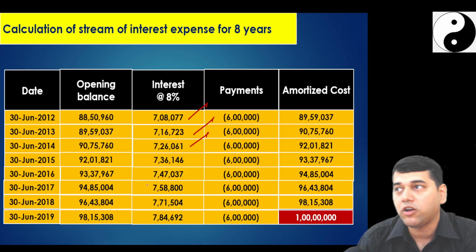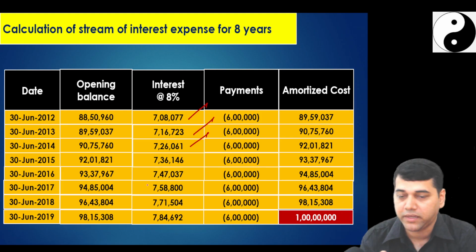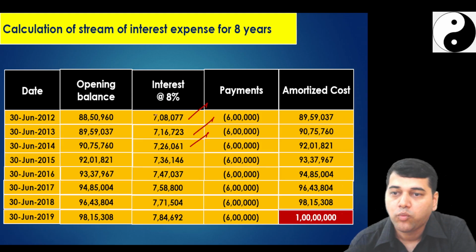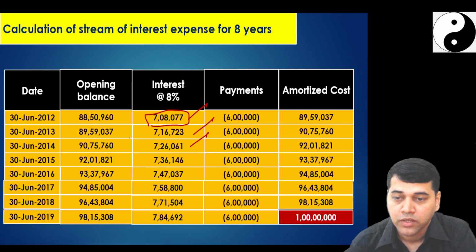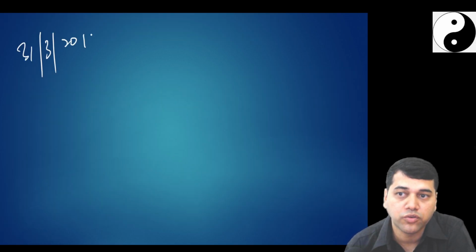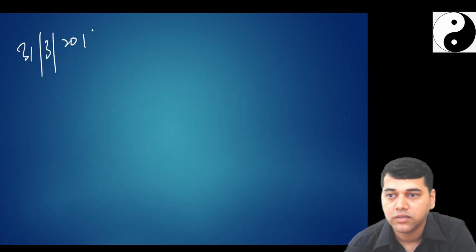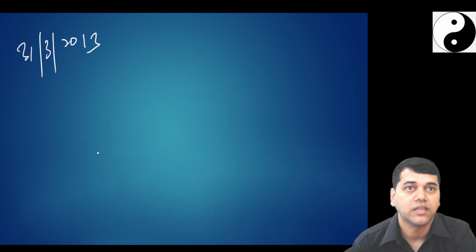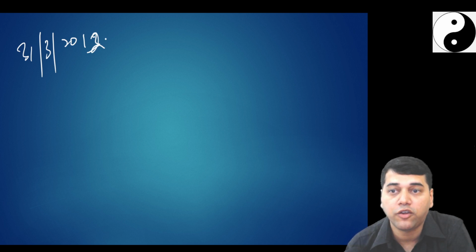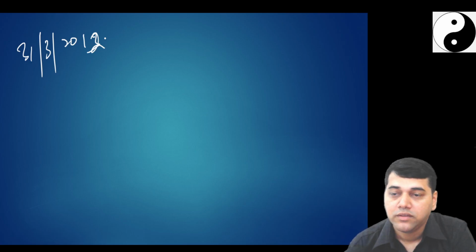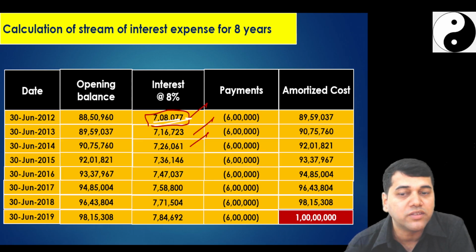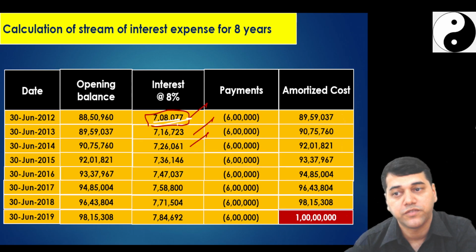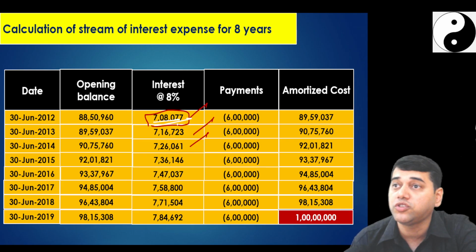Anyhow, nice. You made a mistake at the beginning only. See, now, if at all that 9 month, 8 month concept you need to apply, I need to pass one accounting entry. What is my interest cost? 7 lakh 8,077, from June to next July. So if I have to pass this entry on, say, 31st March 2012, then finance cost account debit 7 lakh 8,077, from 1st of June 2011 to 30th of June 2012.